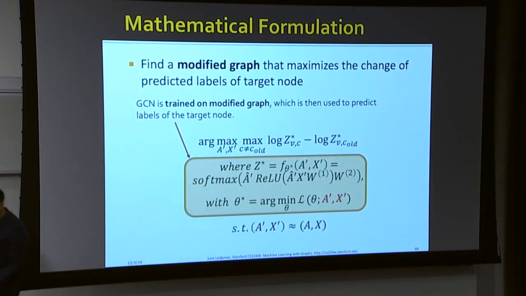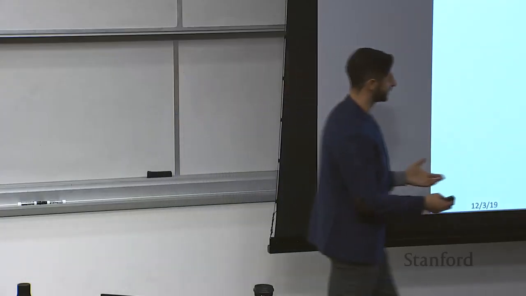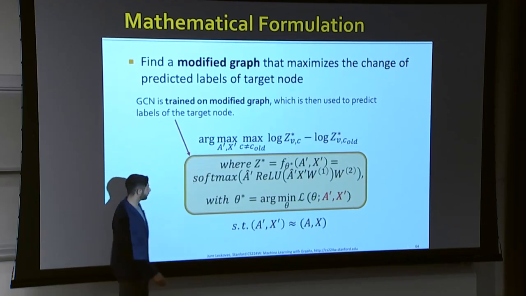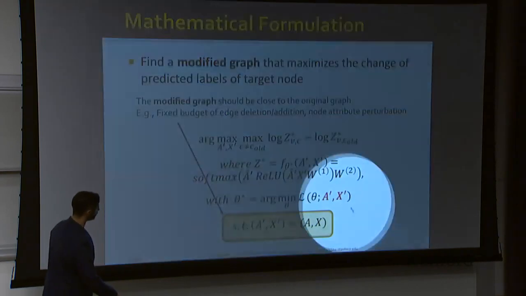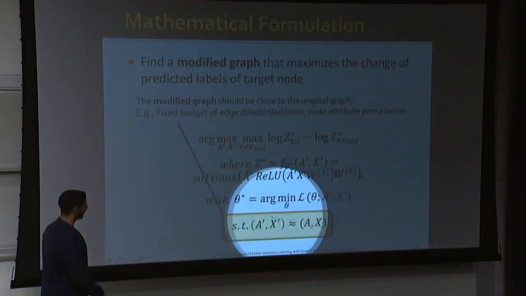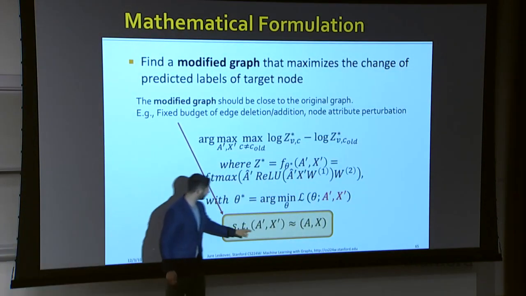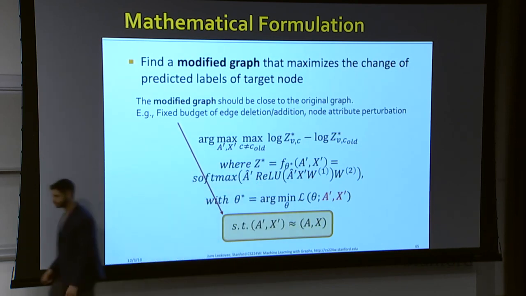And if you think about it, this is possibly one of the main shortcomings of this approach in some sense: the fact that it's going to be expensive to optimize this objective, because at each change of connectivity, we have to train a brand new GCN, okay? And at the bottom, this is encoding what we said at the beginning. We want to make this happen with the least possible amount of modifications. So we want to have our node features and our adjacency matrix, the new ones, to be as close as possible to the original ones, okay?